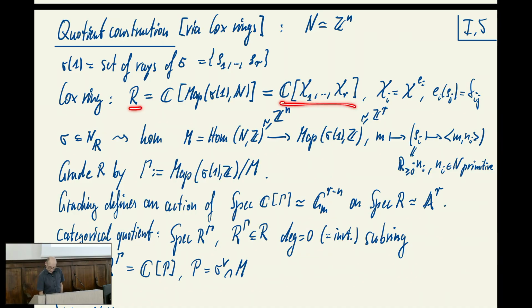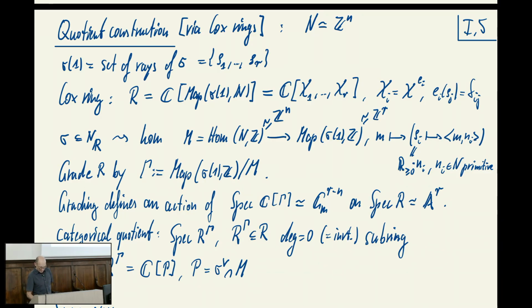So this is a ring, of course just a polynomial ring. Then there is an interesting grading that captures the coordinates of the rays, and it's intrinsically written as follows. You have a map from Hom(N,Z) to Hom(sigma(1),Z) that comes from the embedding of sigma(1) into N that maps rho_i to rho_i.